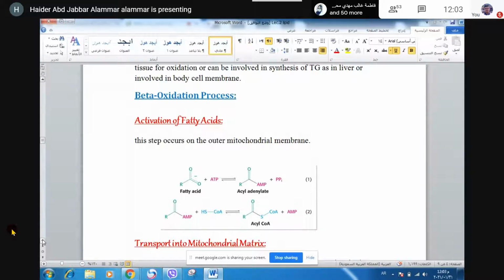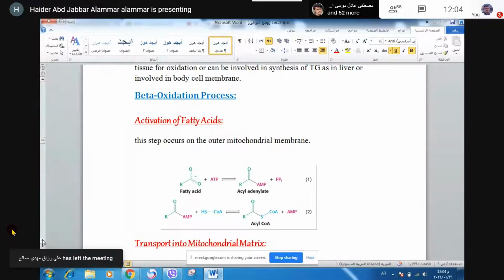We have to activate this fatty acid in the cytoplasm before the entry of the activated fatty acid to the mitochondrial matrix. This is accomplished by an enzyme called fatty acid synthetase, which catalyzes a two-step reaction, as you see in this figure.